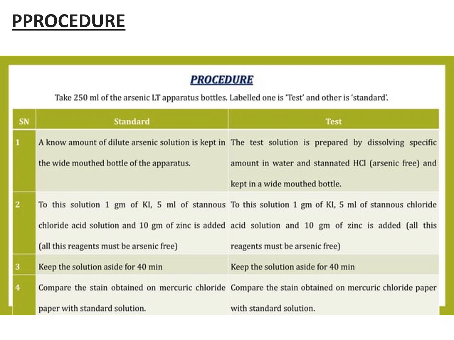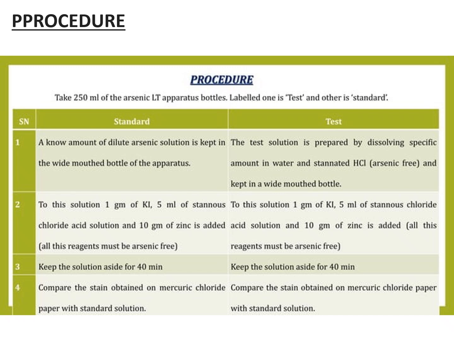In the standard, a known amount of dilute arsenic solution is kept. The amount of arsenic solution to be taken should be known. So a known amount of dilute arsenic solution is taken in the standard Gutzeit apparatus.